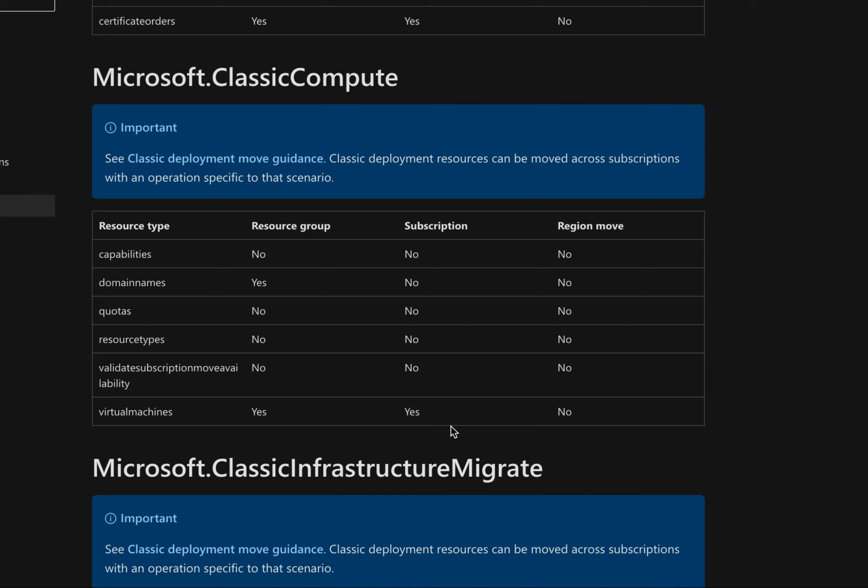It says yes, yes, and no. So it can't move between regions, but it can move between subscriptions and resource groups.